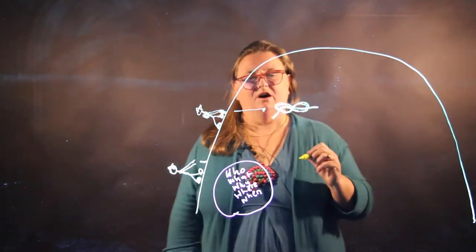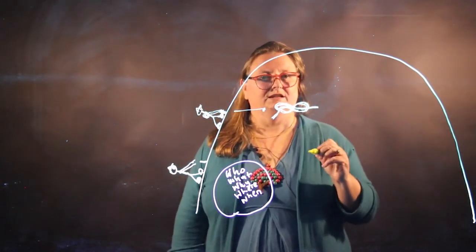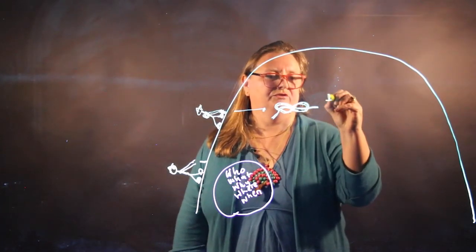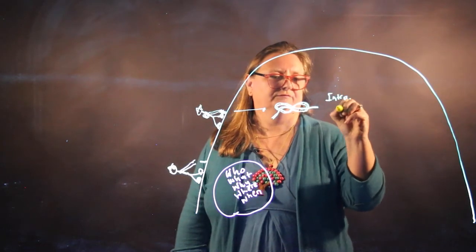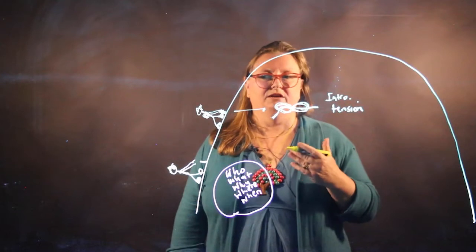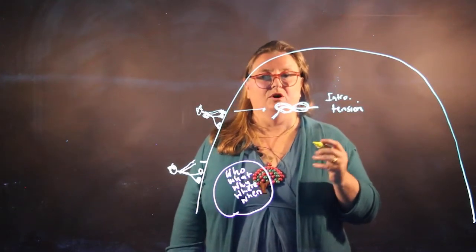The first peg the hiker puts in is actually the tension peg. So this is where you introduce tension. You create your conflict, or as many of you would be familiar with, the term complication.